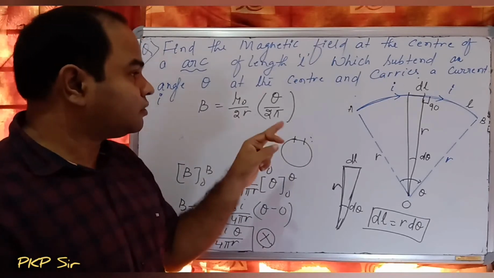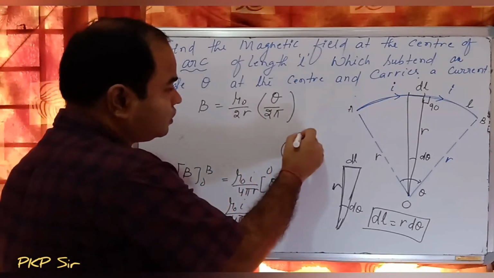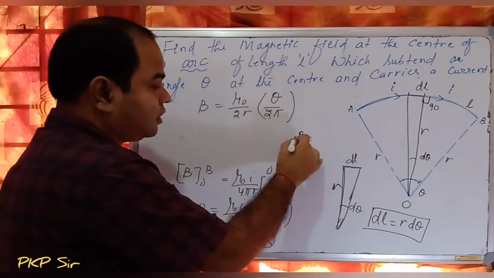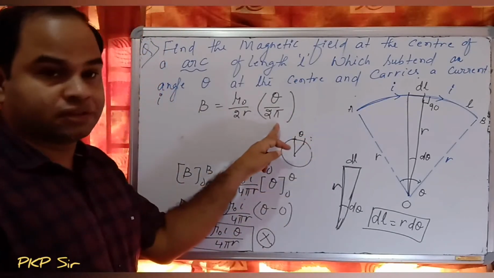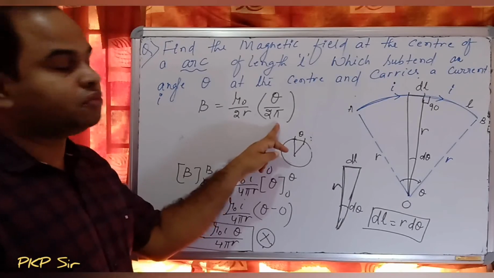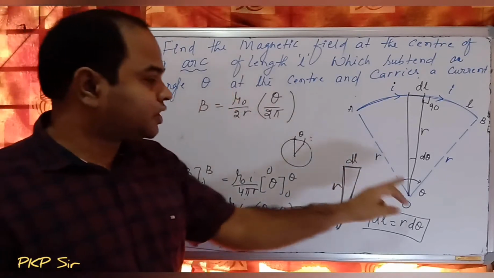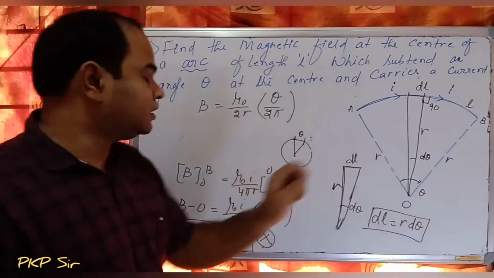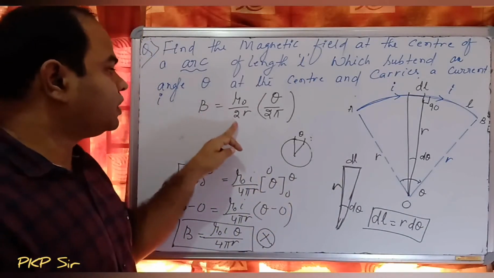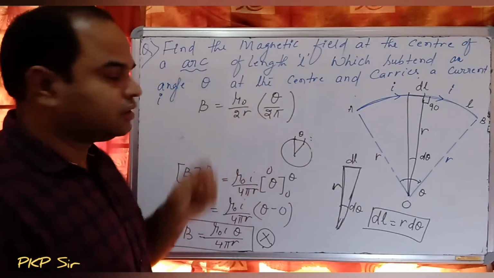So remember that if an arc subtends angle theta at the center, the magnetic field is B equals mu naught I by 2r times theta by 2 pi.